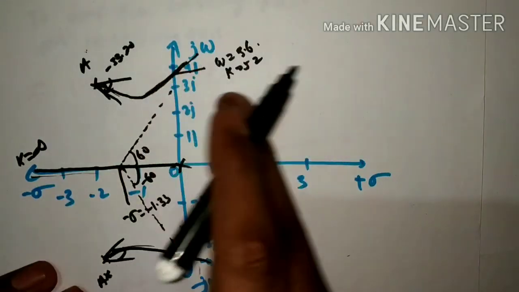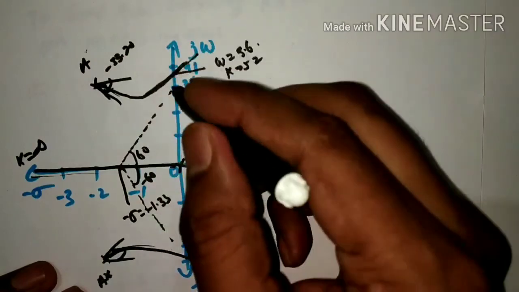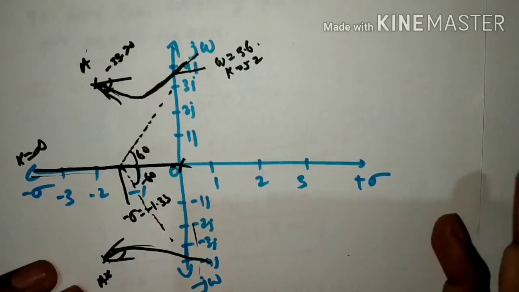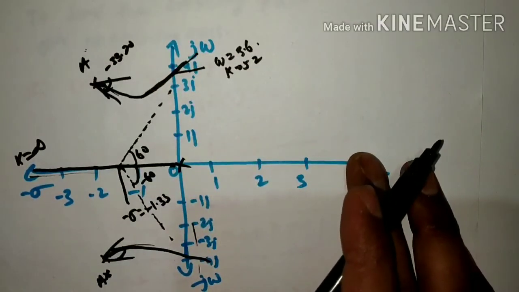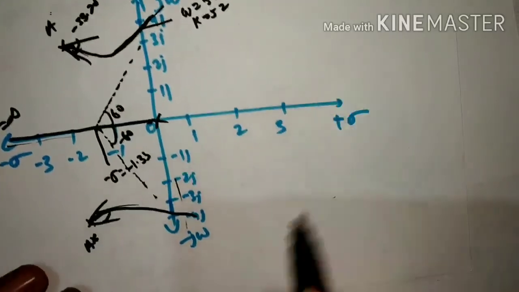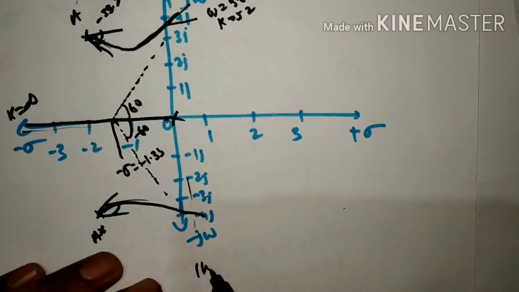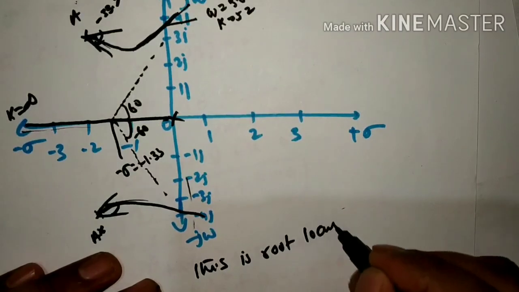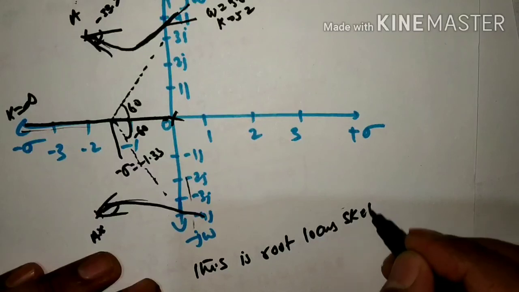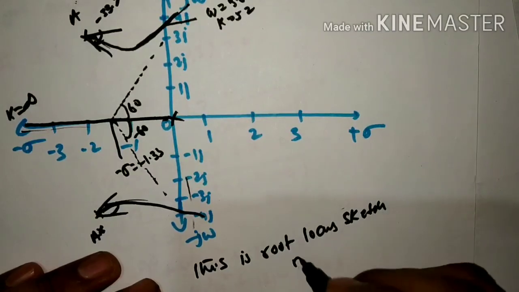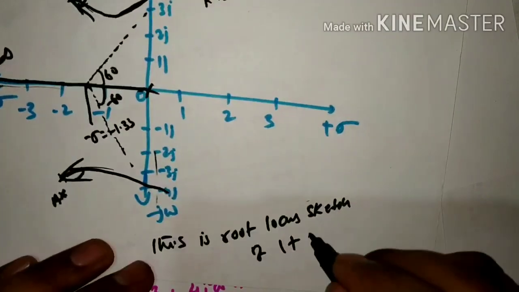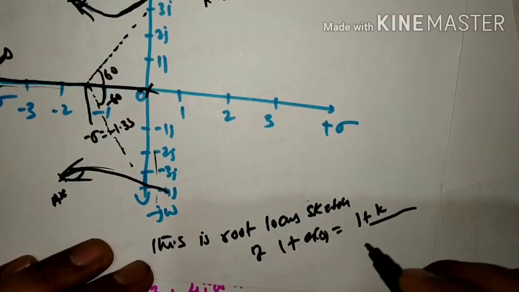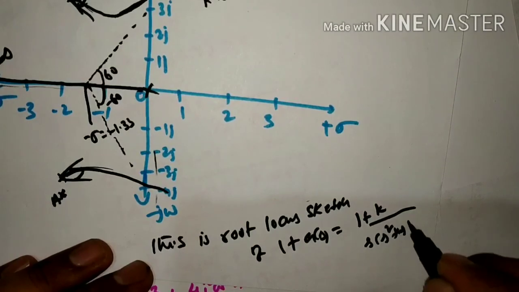If we increase k beyond this value, the roots cross the imaginary axis and the system becomes unstable because these poles move toward the right half of the S plane. So this is the root locus sketch of 1 plus G(s), or 1 plus k by s into s square plus 4s plus 13.